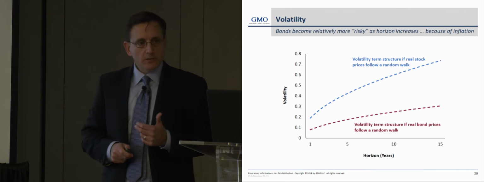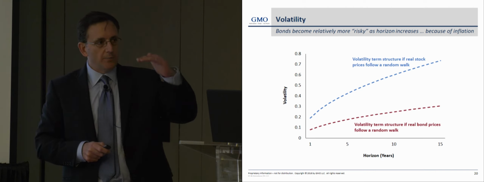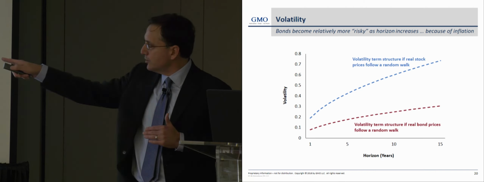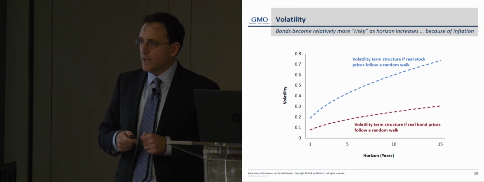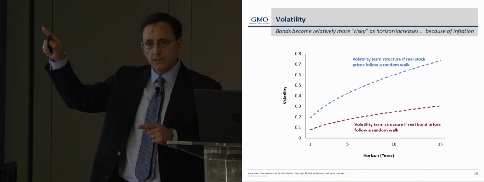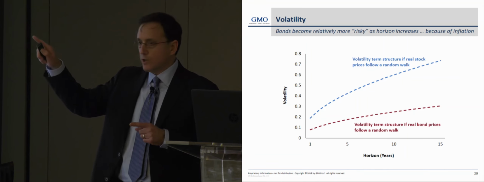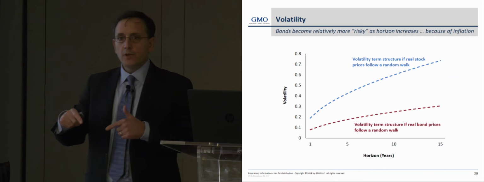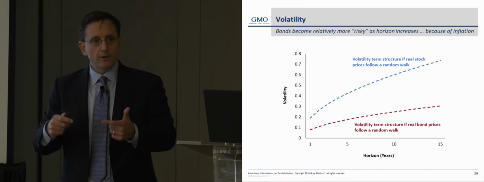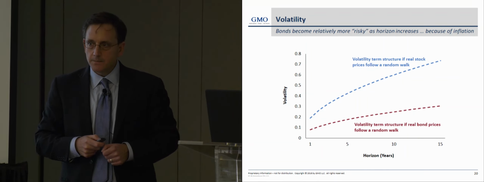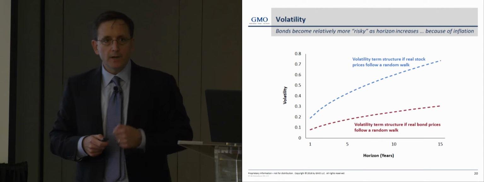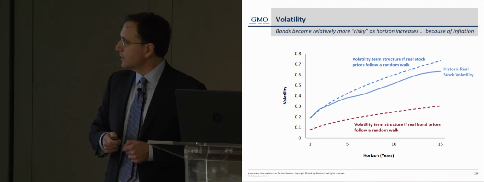For bonds, we have a similar picture, but bonds start out much lower. Bonds start out with a one-year horizon volatility of about 7 or 8%. But they too increase, like the square root of time, if bond prices followed a random walk, or equivalently if bond expected returns were constant. But what about the empirics? How does the world actually work?